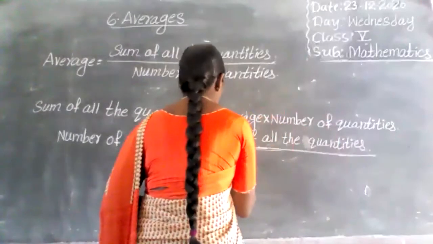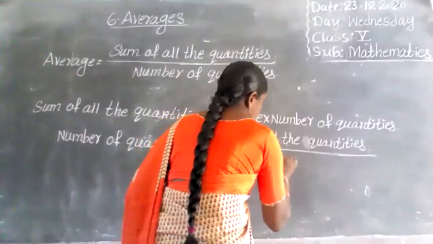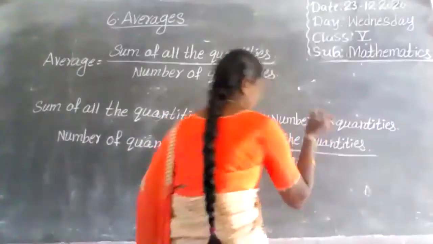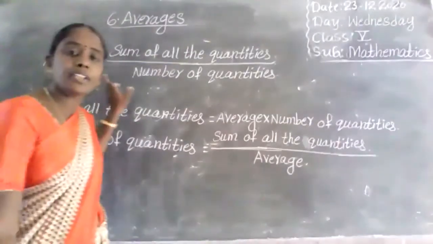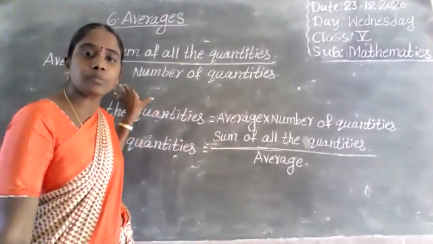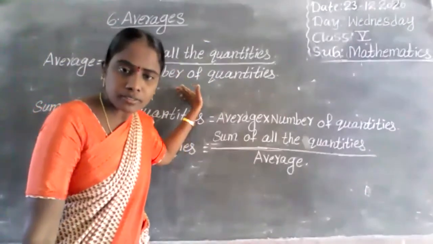See children, what is the average principle? Average equals sum of all the quantities by number of quantities.